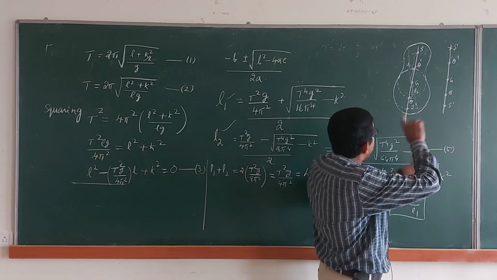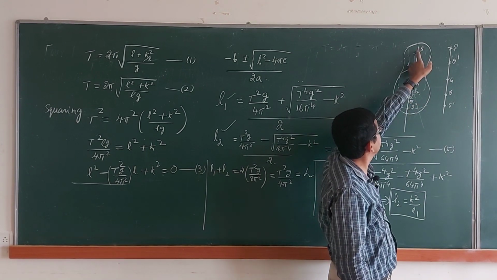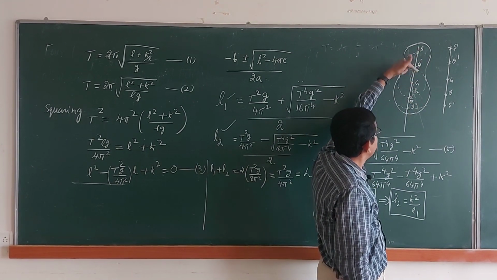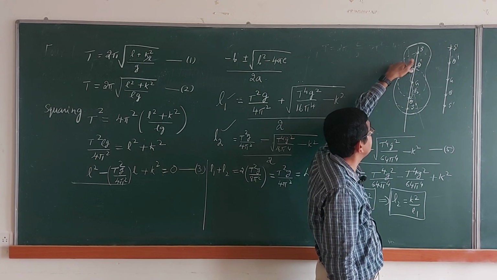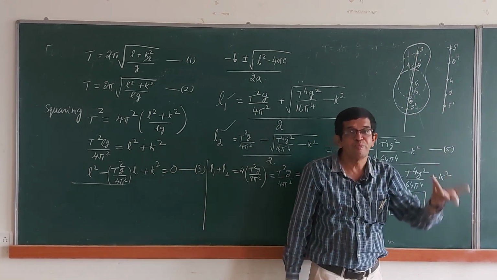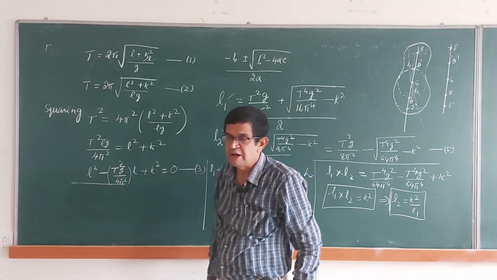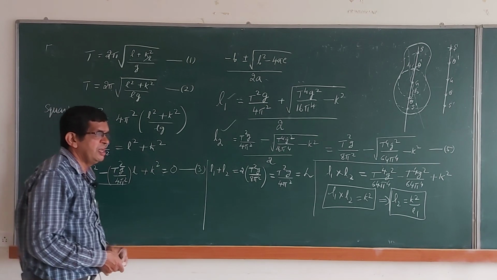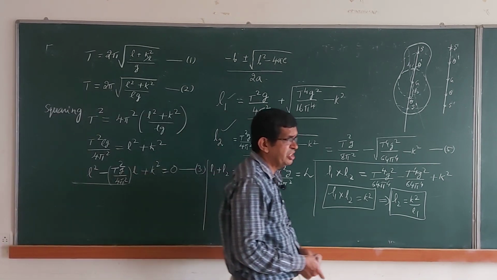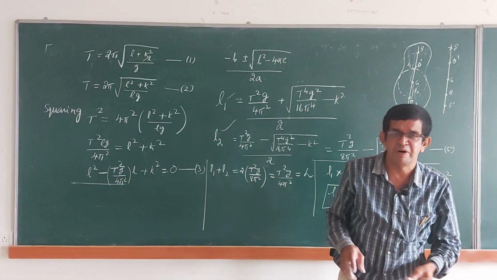In the same way for the other points. Naturally, there will be 4 points collinear with the center of gravity about which the period remains the same. And this is a usually asked question in the examination for the full 6 marks.